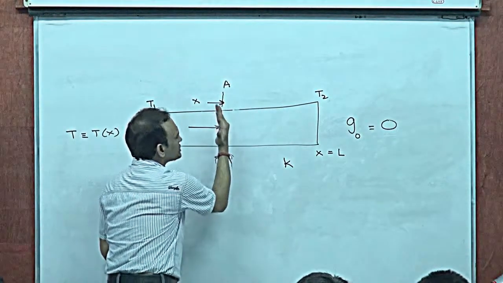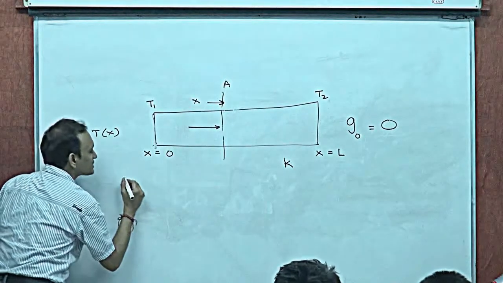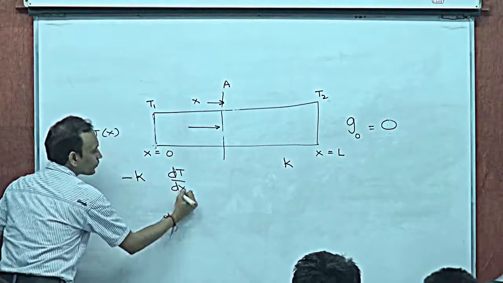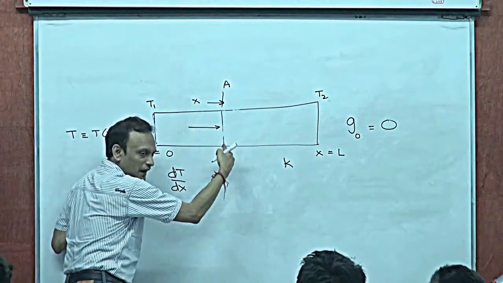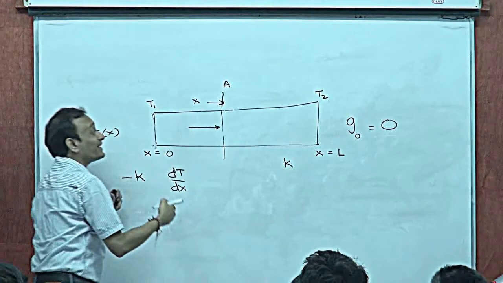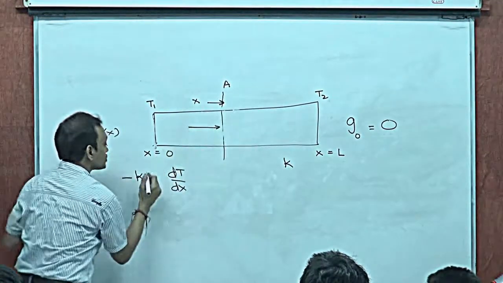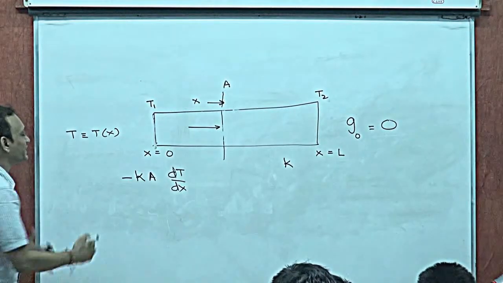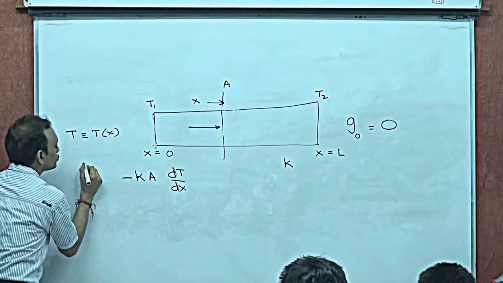Through any given cross section, what's the heat flux? The heat flux would be minus K dT/dx. That's the watts per meter squared flowing through this cross section. Means the watts that will flow through this cross section would be minus K A dT/dx, and that's written as Q dot.